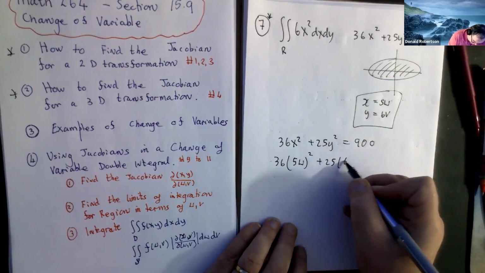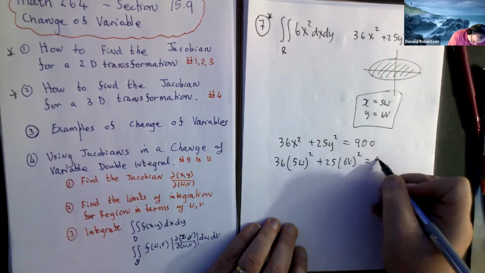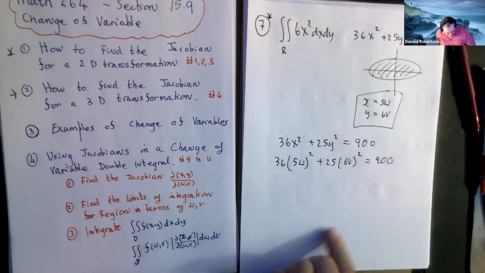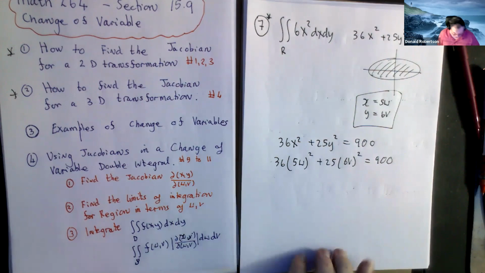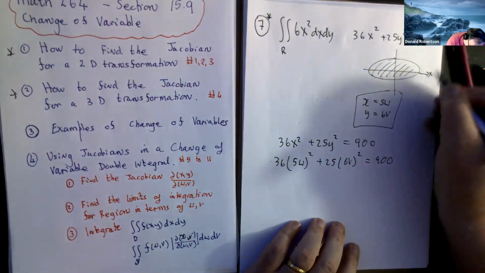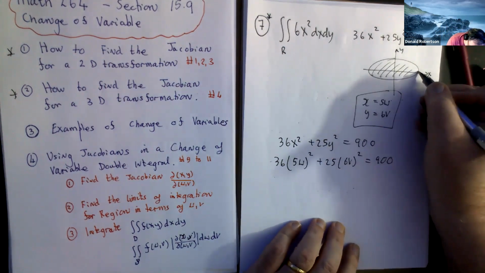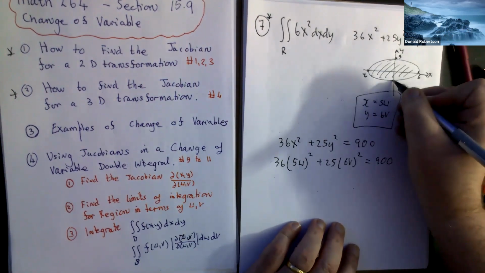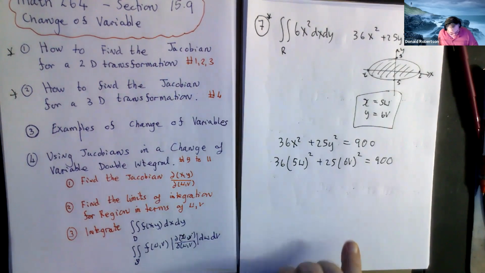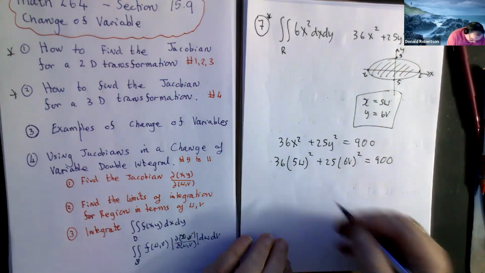Replace the y's with 6v, and then square it. And what I'm now going to have is a different surface, but using u's and v's. So this is what x and y looks like. If you're really interested, 6 to -6 and 5 to 5, which is almost certainly where these guys came from.